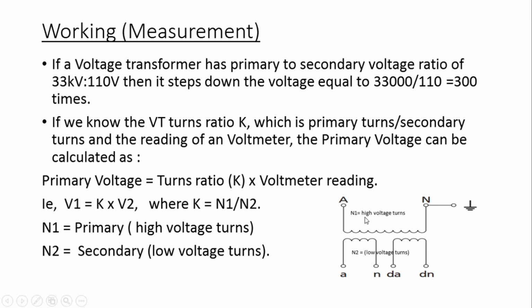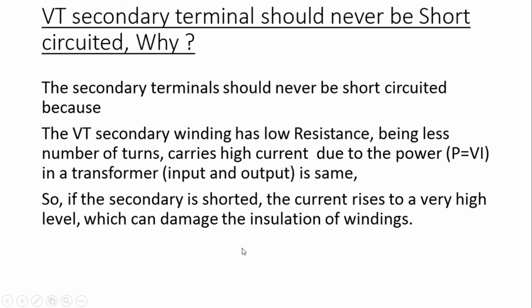Next we'll see why the VT secondary terminal should never be short circuited. The secondary terminal should never be short circuited because the VT secondary winding has low resistance, being of fewer turns, which carries high current due to the power, that is P is equal to VI. In a transformer, primary and secondary remain at the same power.